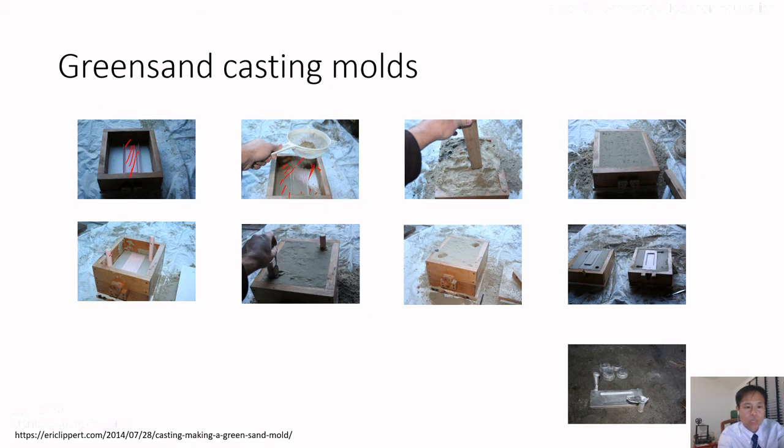One is the screw and one is the riser, and we also make some space around the screw and riser, and then take them out. Once we make the two parts, up and down, we pour metal into the hole, like a runner, and then this is the final product. So this is an example of green sand casting mold.